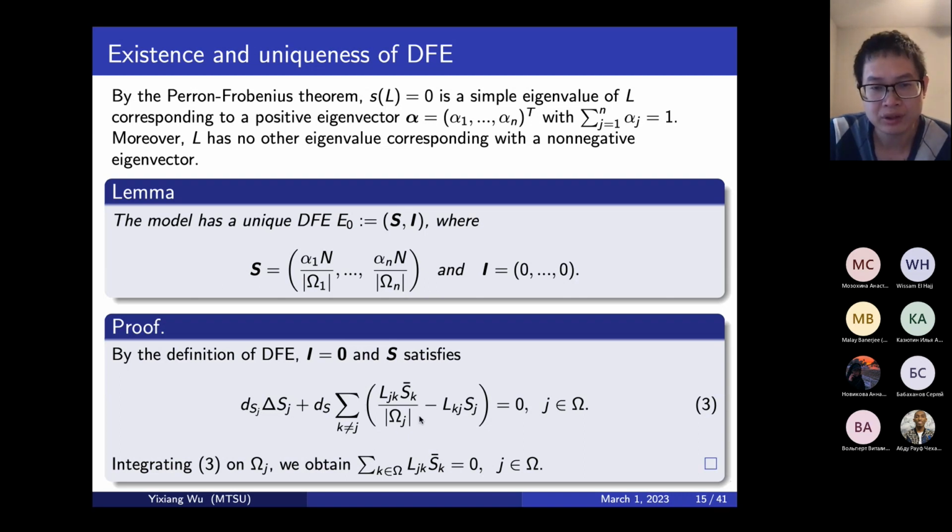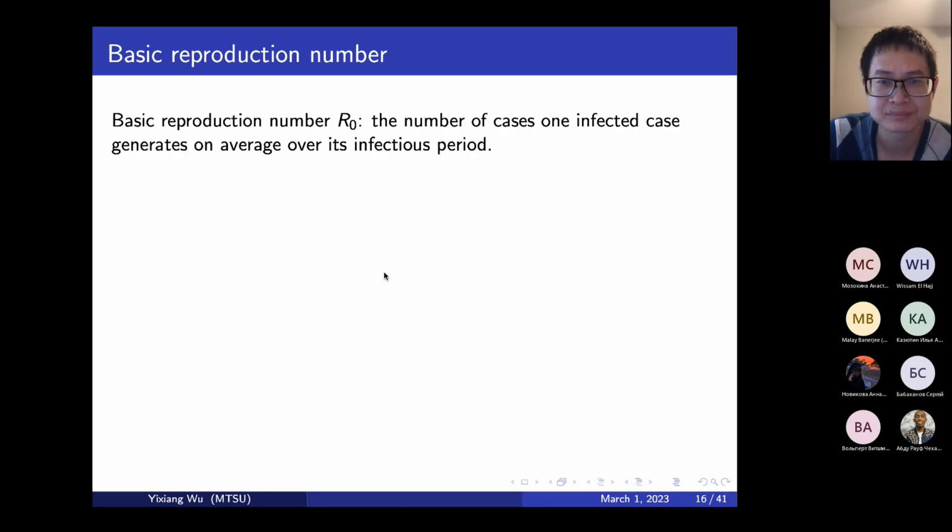If we integrate this equation on omega j and use the homogeneous Neumann boundary conditions, we get this equal to 0, which means S bar is an eigenvector of matrix L. So S should be a multiple of alpha. Because the total population is capital N, we get S equals this.